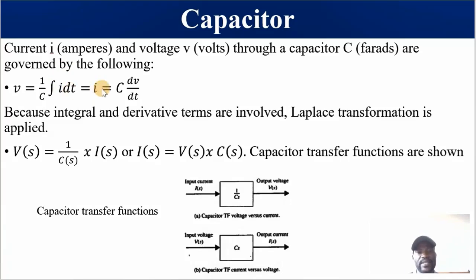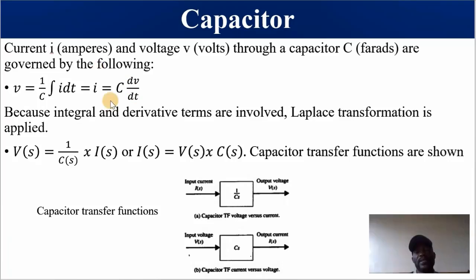And we know that I is equal to C dV/dt. The capacitor is made up of two conductors separated by a dielectric, which is an insulator. No current flows through the dielectric, but it appears to. We are saying this depends on the capacitance and change in voltage divided by change in time.